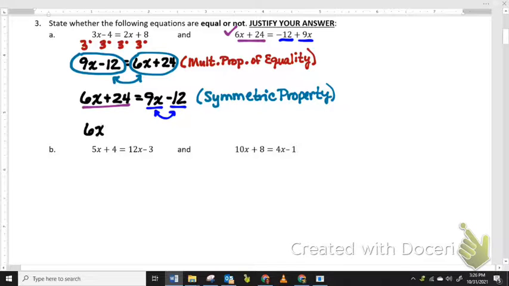So 6x plus 24, I'm going to leave just like that, because that already matches my other equation. And then here, I'm going to move the minus 12 up to the front, and 9x is positive, so plus 9x. And what I just used there is called the commutative property of addition.